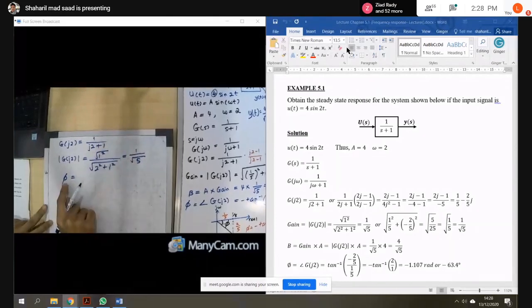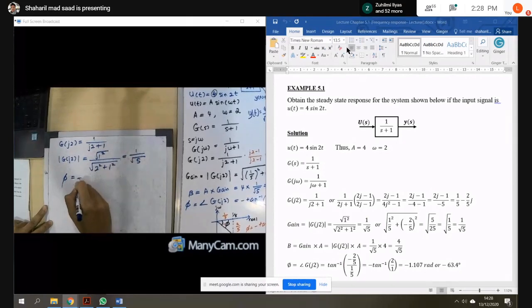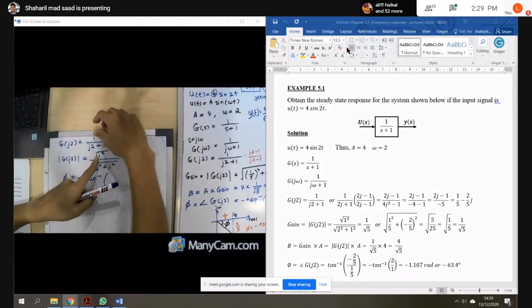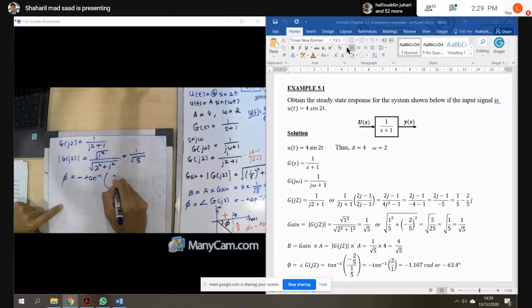For the P, how to find it is very simple. You can see that it is 1 over, so you will write minus inverse tangent, and then you just look at the denominator only. So that means j is 2, divided by real is 1. That's it, minus inverse tangent 2.